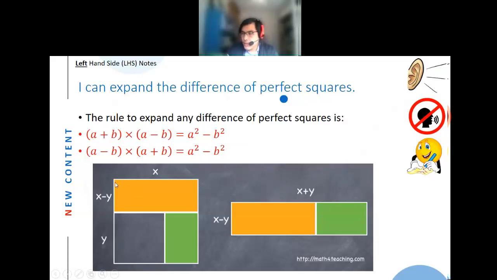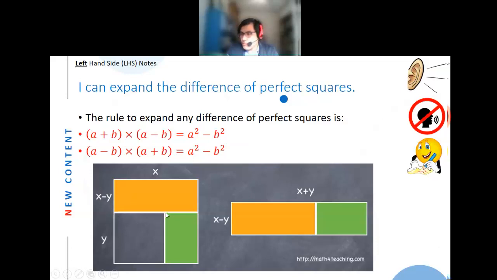So let's say we've got a square with the side x. So x here, x here, x here, and x here. So that's our square. And then if we got another square, a smaller square with the side length y, just right inside the bigger square, then we can see here that this bit here, that's the difference between them, so x minus y.